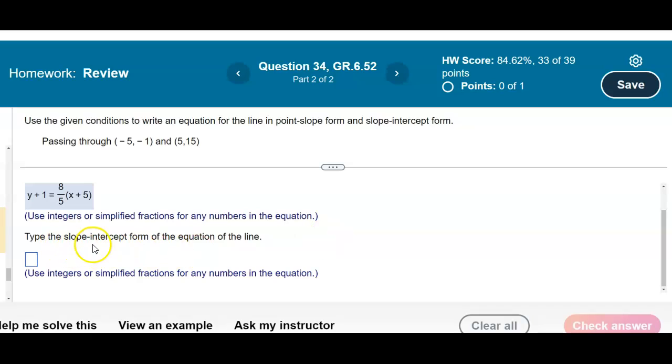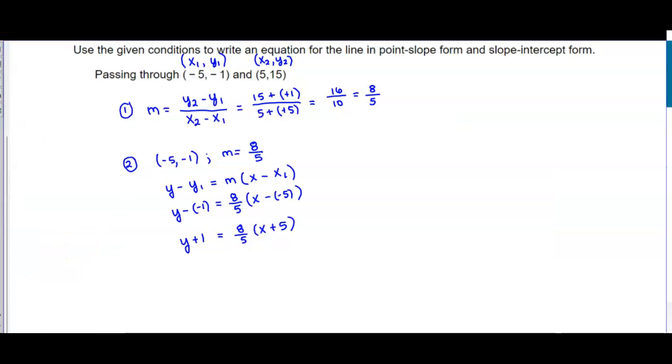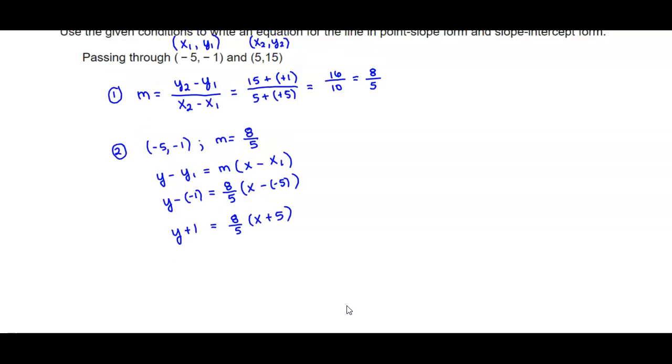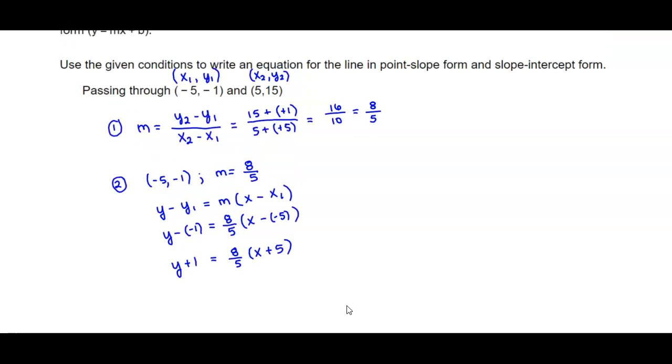Now we want to write this in slope-intercept form. So for step number 3, I'm going to rewrite the point-slope form that we have from step 2. We still have y plus 1, and now we want to distribute the 8/5 to both of these terms.